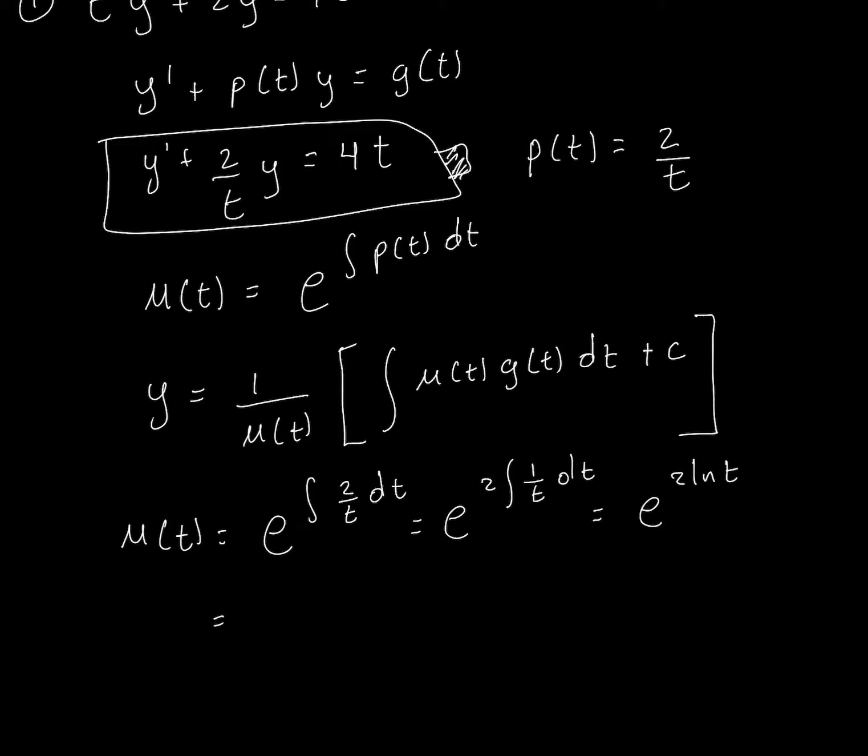If we keep solving this, we get e to the ln t squared, and then we can simplify this and get t squared. So mu of t is just t squared.